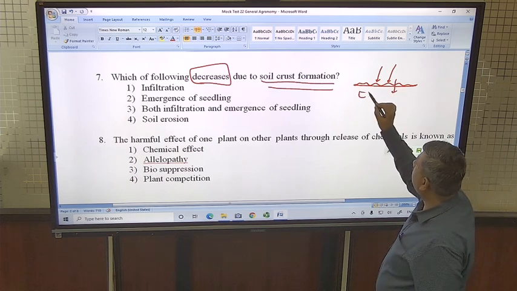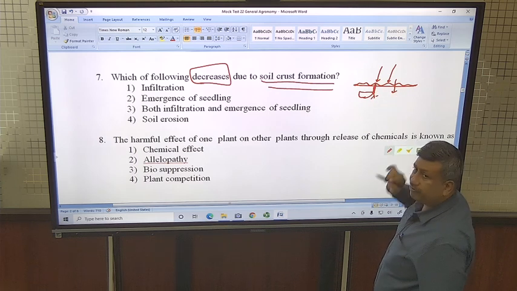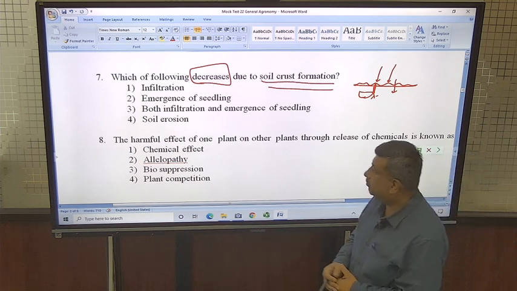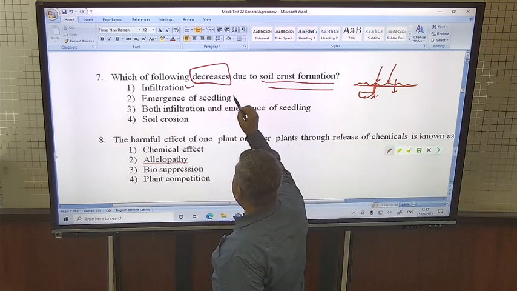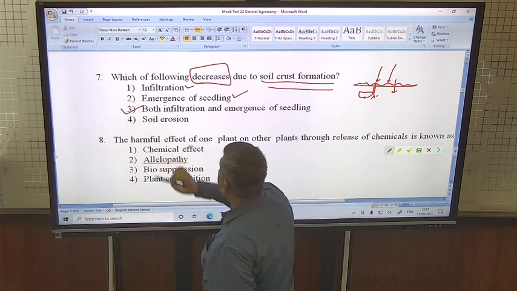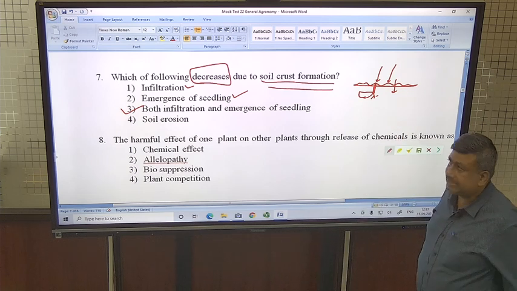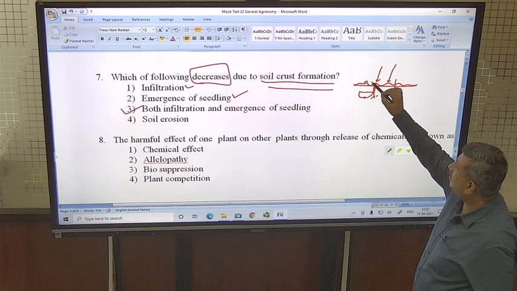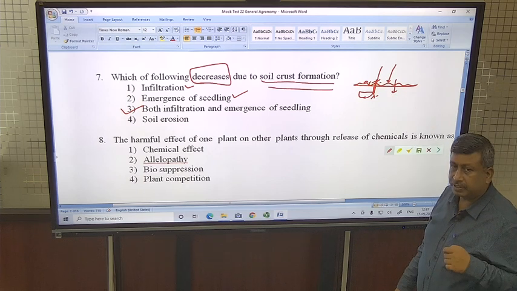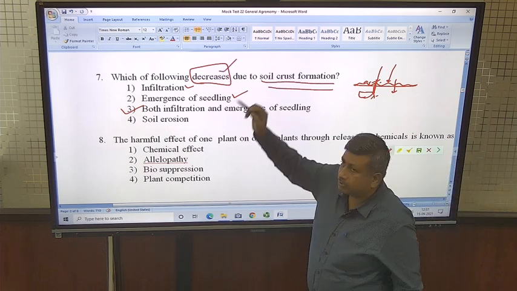Second, if seed is sown and crust formation is there, the emerging seedling faces resistance from the crust, so emergence of seedlings is poor. So infiltration is reduced, emergence of seedlings is reduced, so the correct answer is both infiltration and emergence. But soil erosion increases because soil particles on the surface can be easily washed away by runoff water. So soil erosion increases, and here it is asked about decrease.